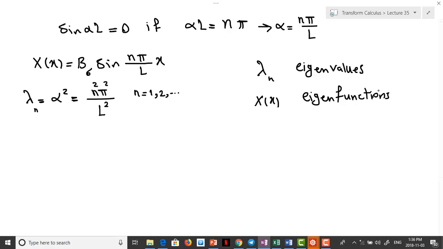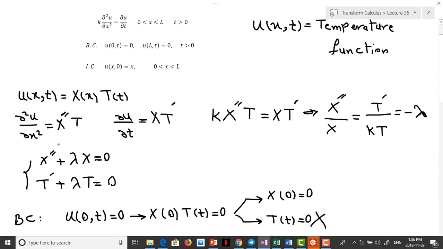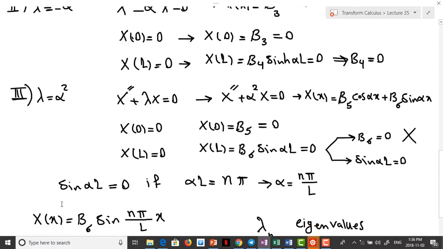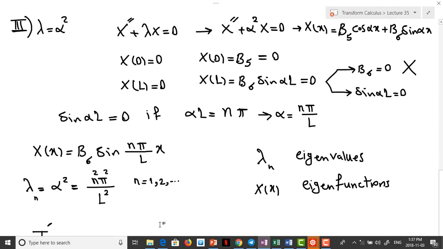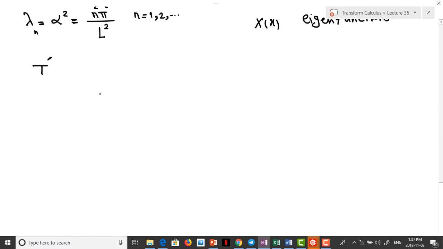So we could find X of x. Now we have to find T. At the beginning we said we have one ordinary differential equation for T. What was the equation? Let's see here. So we had T prime plus lambda T should be equal to 0. If you solve this ordinary differential equation, you have the solution in the formula sheet.